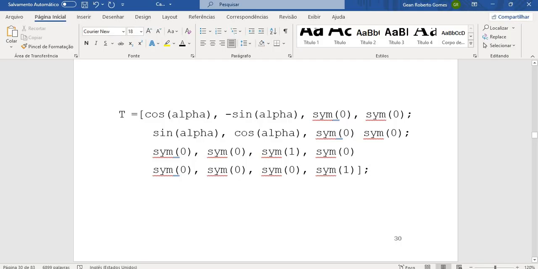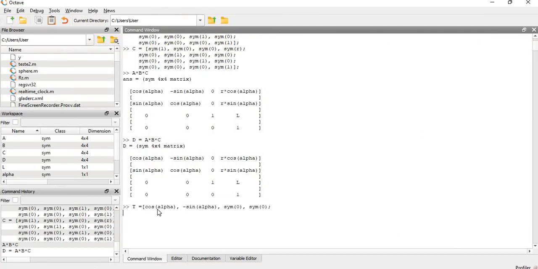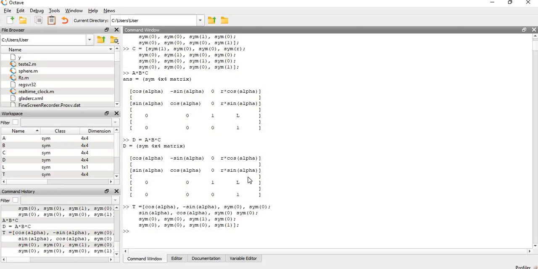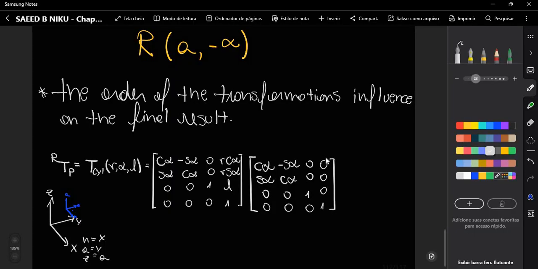Right here, same column. Okay, now let's see. And we have to multiply d by t. And now let's check the result. Let me pass the result that we got on the book.